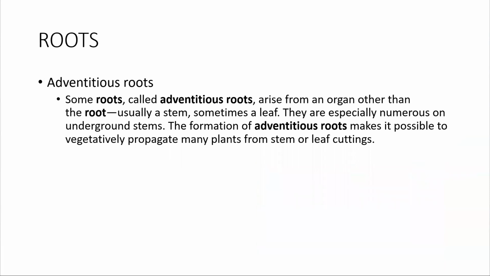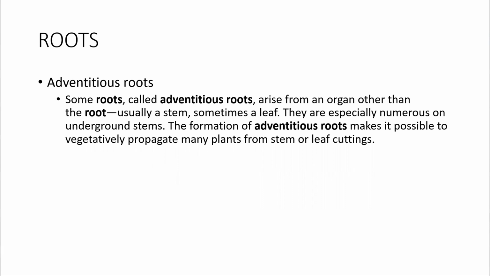Now, adventitious roots are a little bit different. Some roots called adventitious roots arise from an organ other than the root itself. Okay. Usually it comes off of a stem. Sometimes it can come off of a leaf, depending on the plant. They're especially numerous on underground stems.